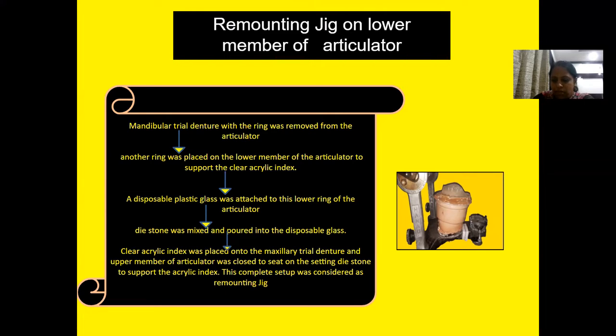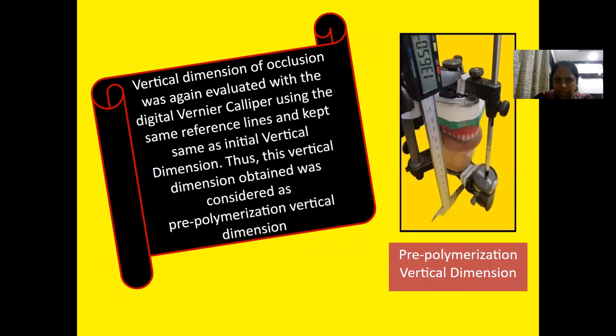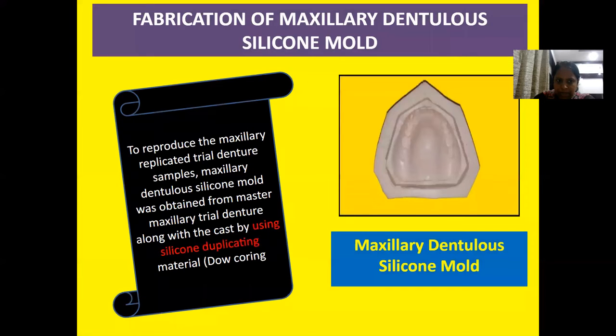This complete setup was considered the remounting jig. After that, the vertical dimension of occlusion was again evaluated with the digital vernier caliper using the same reference lines and kept the same as the initial vertical dimension. Thus, this vertical dimension was considered the pre-polymerization vertical dimension.